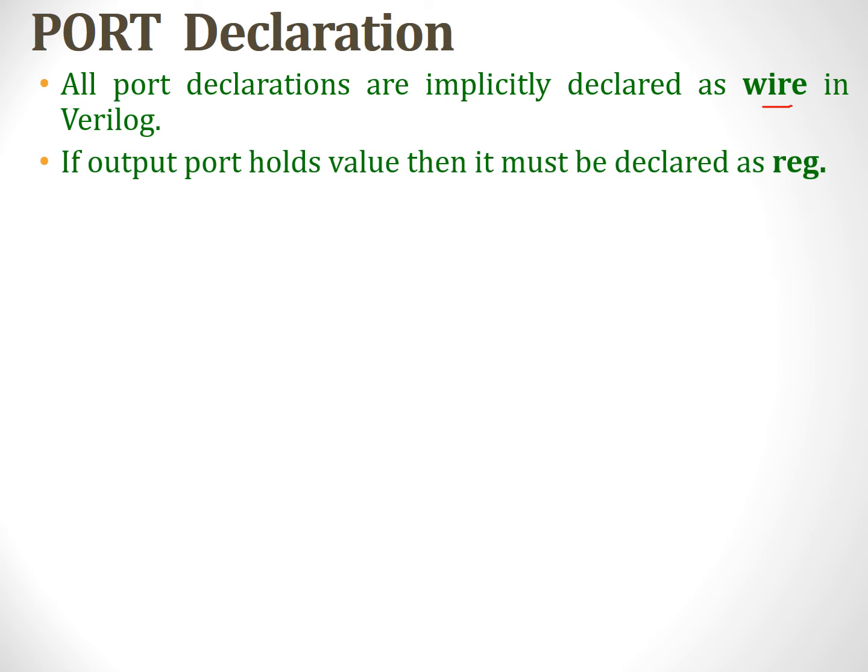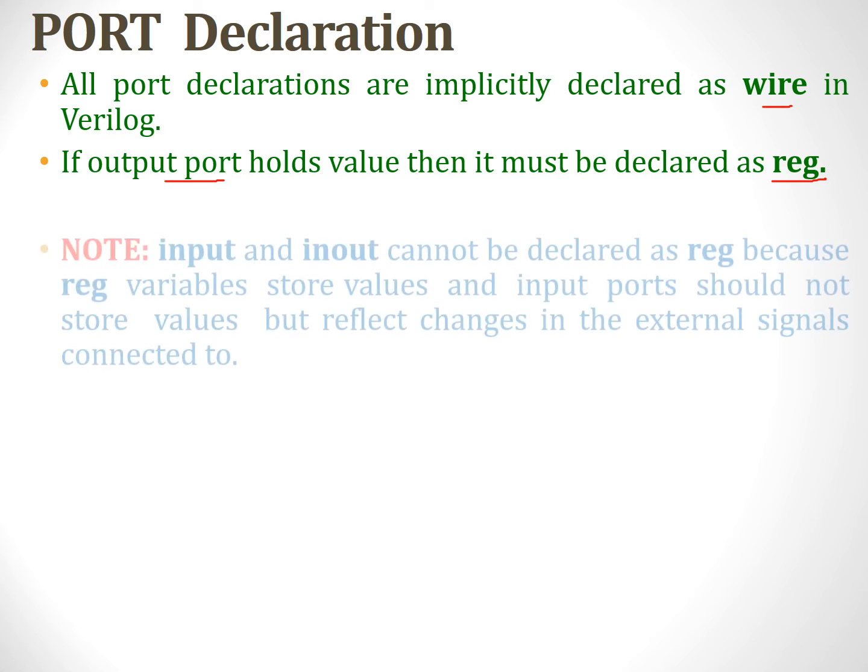In case you want an output port which can hold or store a value, then we should declare that output port as a register data type. So all the ports by default act as a wire data type. A wire data type is a data type whose value changes constantly. And if you want your output port to hold some value, then we have to declare that as a register.